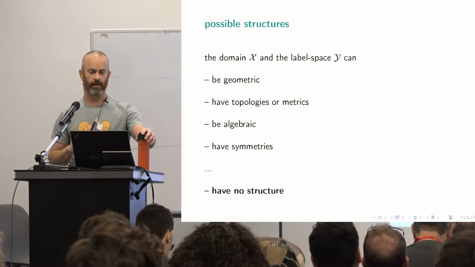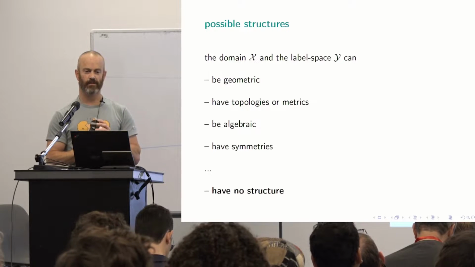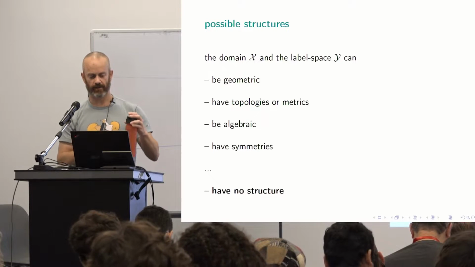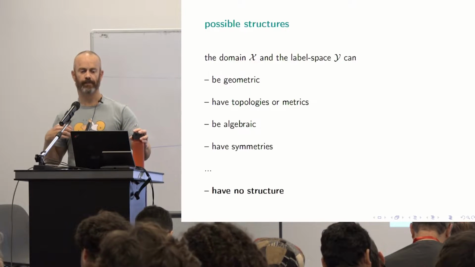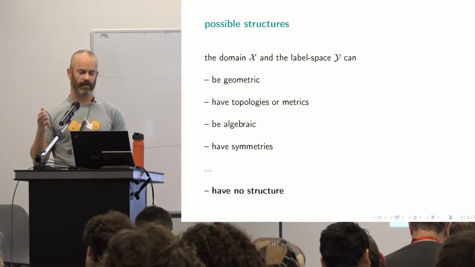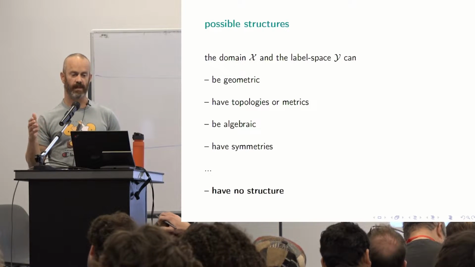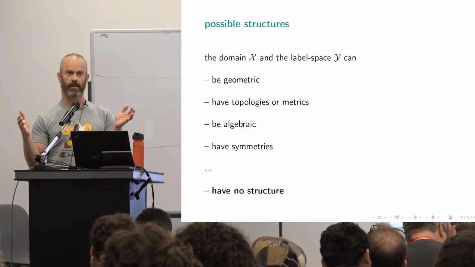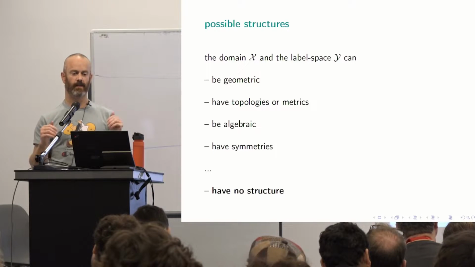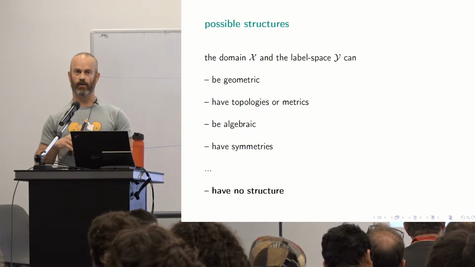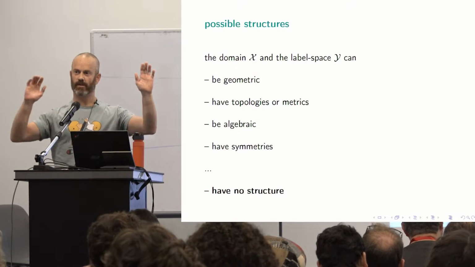Now, there are many choices for structures that we can think about. Both the domain X, say the collection of pictures, can have some structure. It could be a geometric setting, it could be an algebraic setting, there could be some symmetries like translations of images.